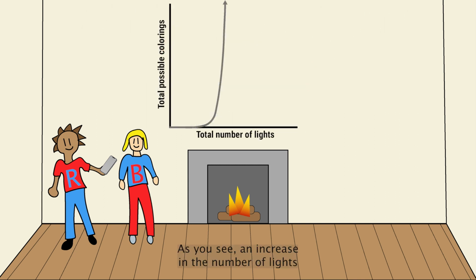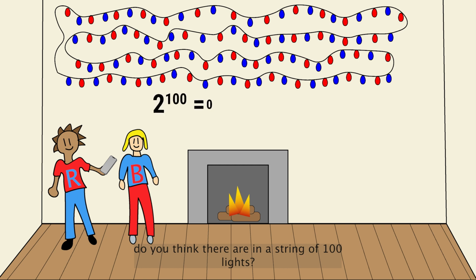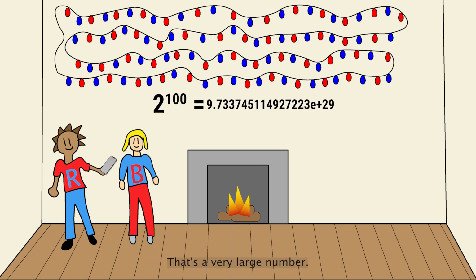As you see, an increase in the number of lights increases the number of possible colorings exponentially. Therefore, it does not take many lights to get to a very, very large number of possible colorings. For instance, how many possible colorings of red and blue do you think there are in a string of 100 lights? That's a very large number.